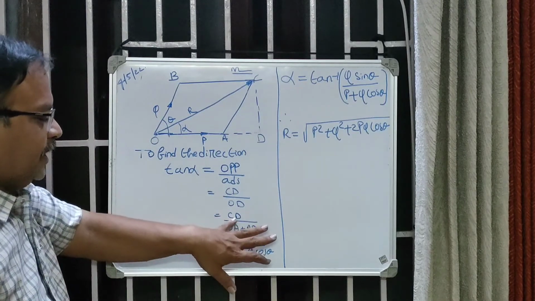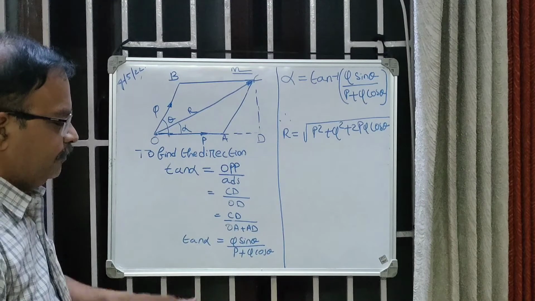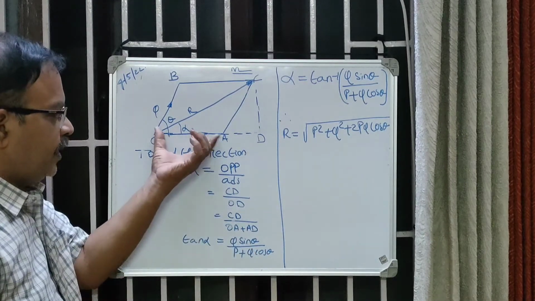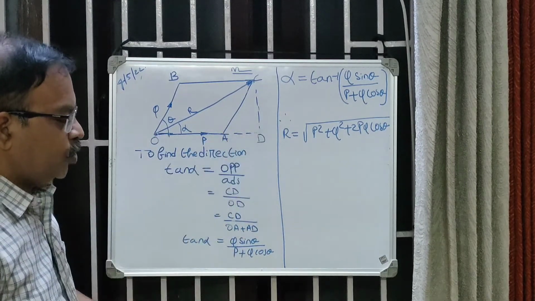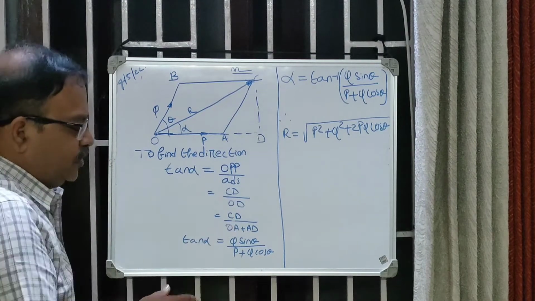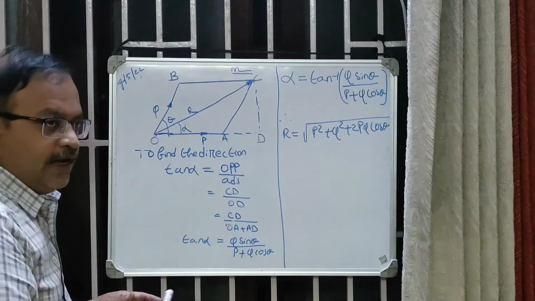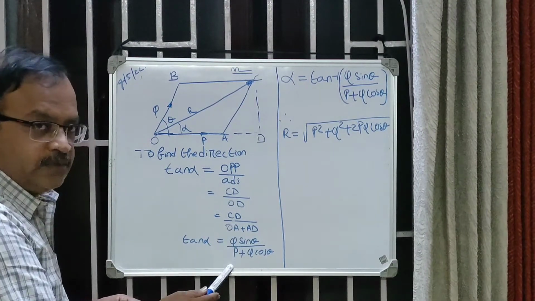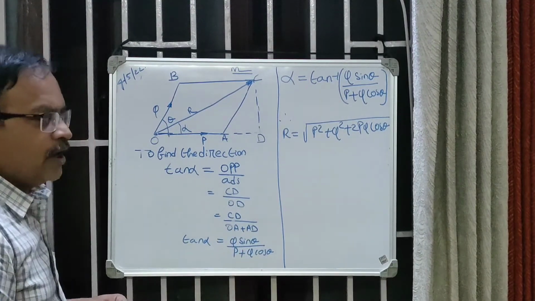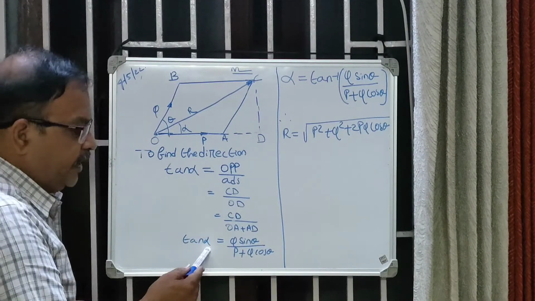Already we know that CD is equal to Q sin theta. OA is nothing but P and AD is nothing but Q cos theta. So now you substitute that here. So tan alpha is equal to Q sin theta divided by P plus Q cos theta. From that we can find alpha.